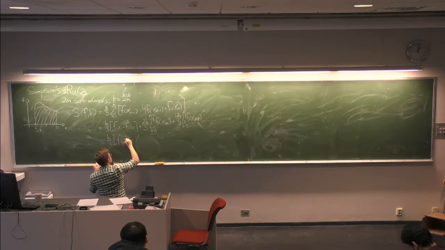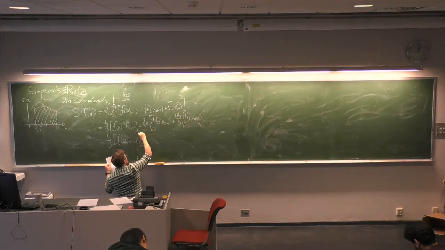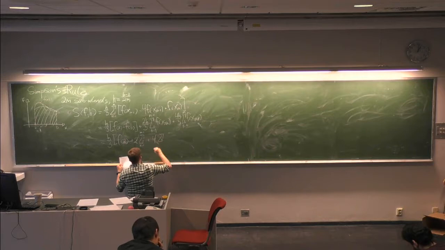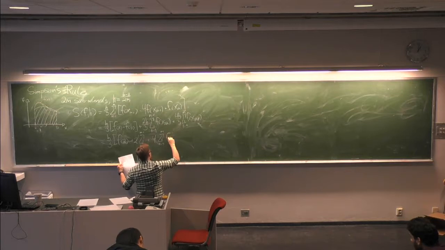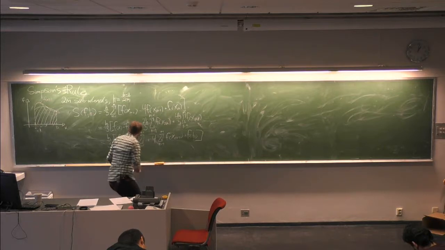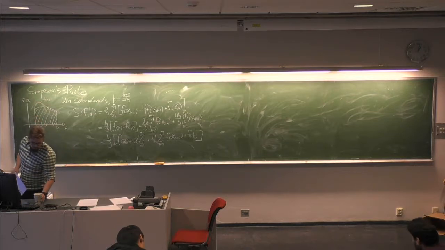So f of a, the first point, plus lots of midpoints, k equals 1 to m minus 1, plus 4 times the sum, k equals 1 to m, of f of x_2k minus 1, plus the endpoint f of b. Those are the variations of Simpson's rule. Some of them I hope are known.